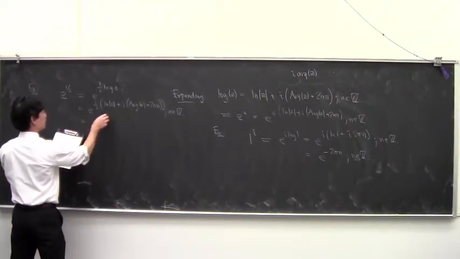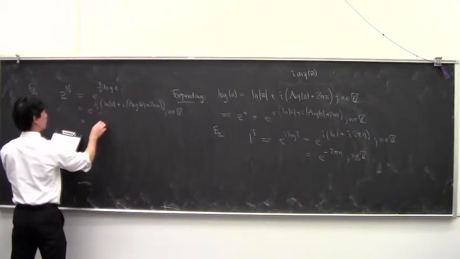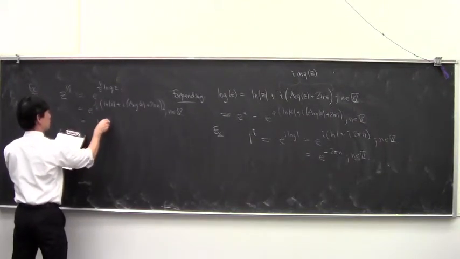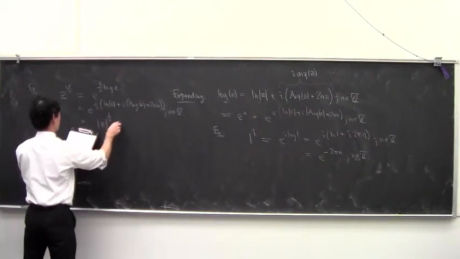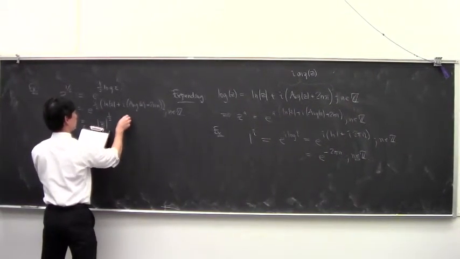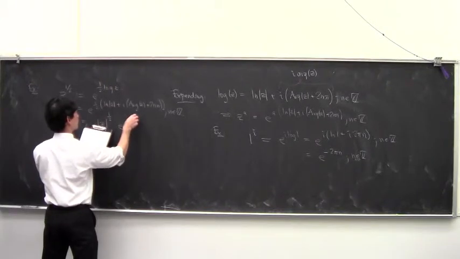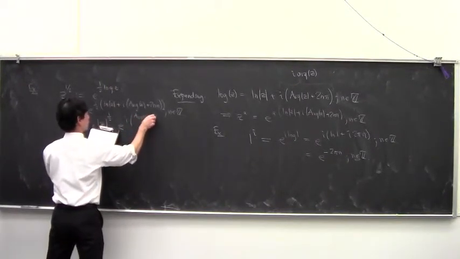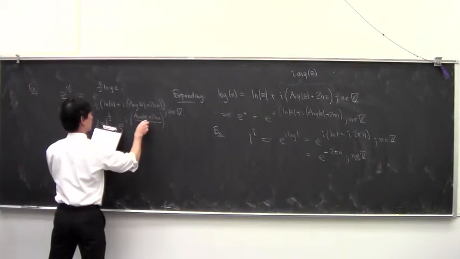That's to say, I'm going to break this up. So this is going to be |z| to the 1/2 times e to the i times (arg z plus 2 pi n) over 2.